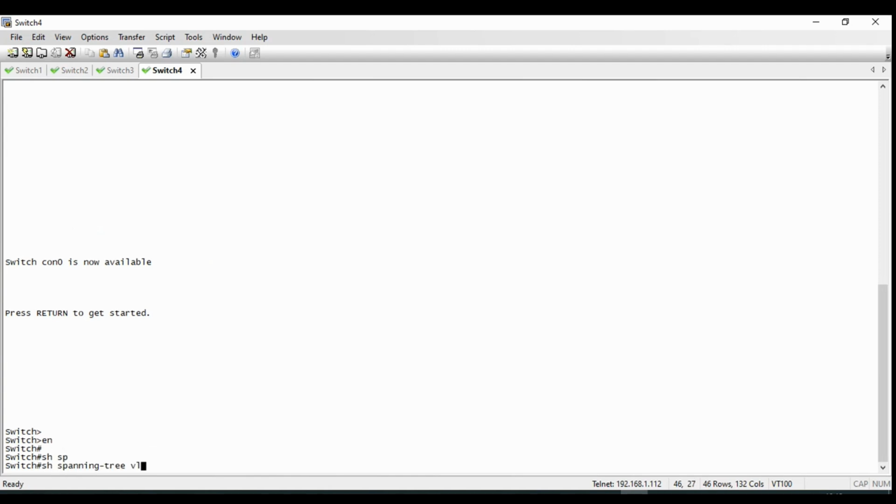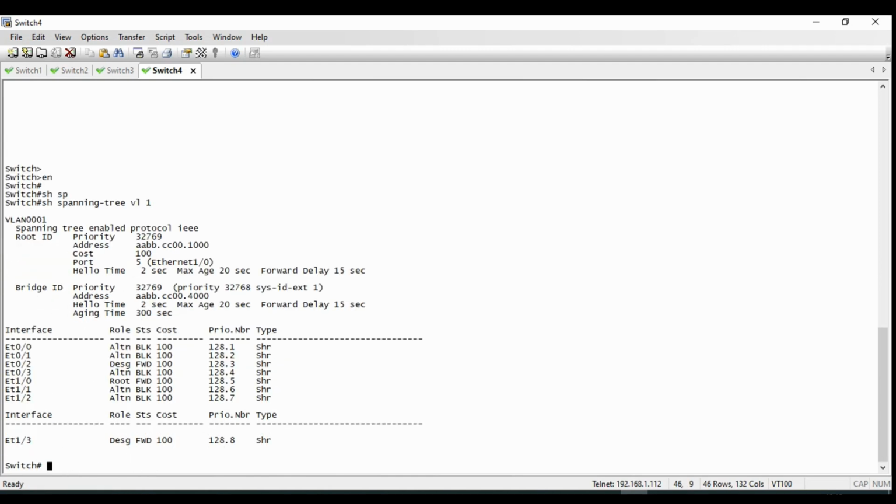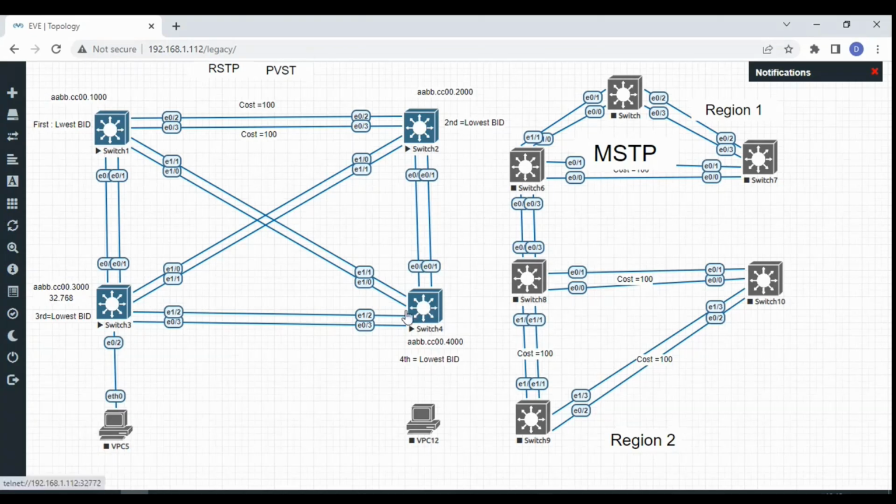Spanning tree VLAN 1. Okay, there are E0/1, E0/3, E1/1 and E1/2 in blocking mode. So this switch has the highest BID, and that is the reason switch 4 will have most ports in blocking mode.